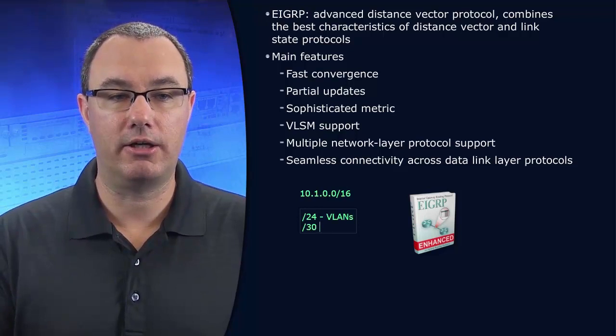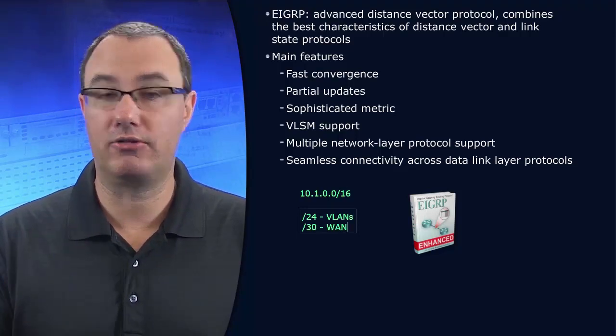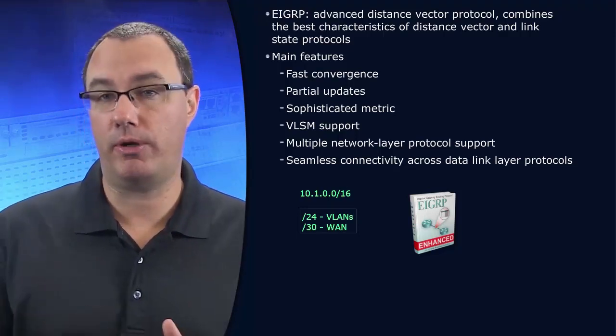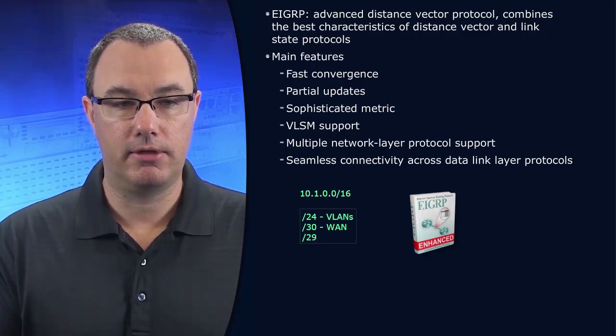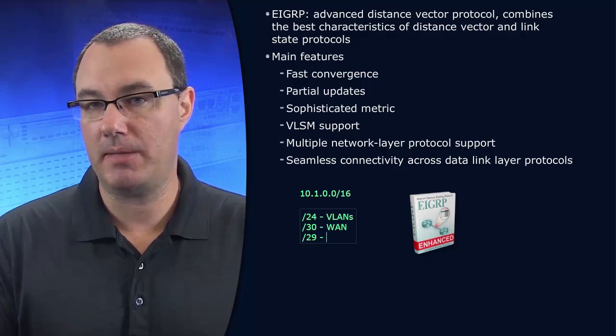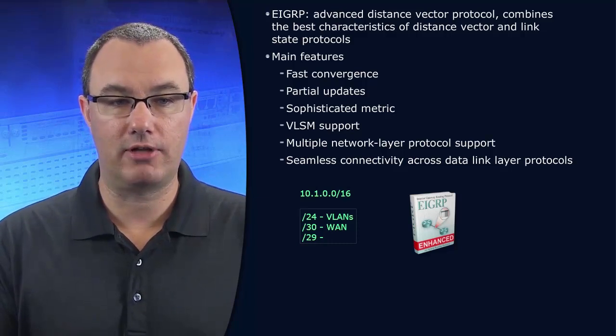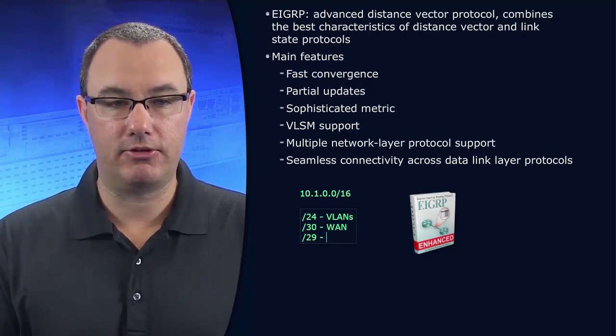My WAN connections are going to get /30 for point-to-point WAN connectivity. For connectivity where I need maybe 6 hosts, I'll use a /29. But this is a private space, so I'm not going to worry about that.